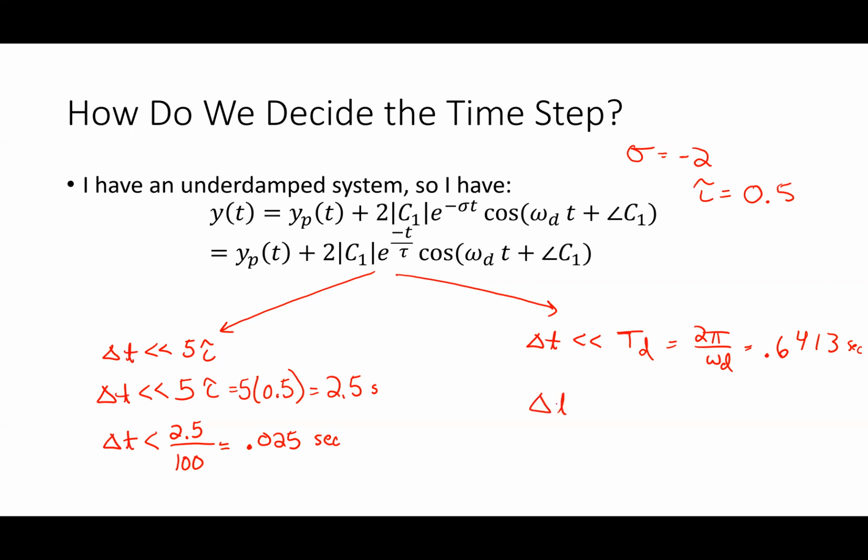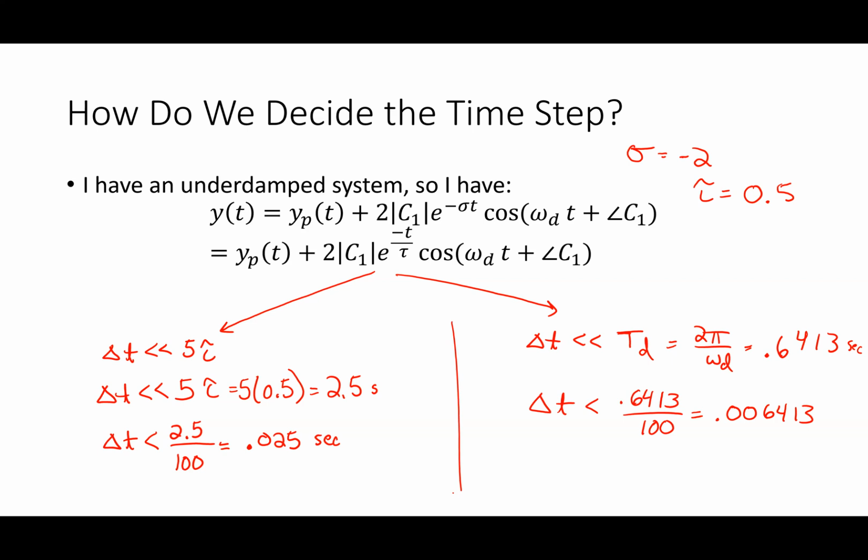So delta t should be much, much less than that. So what's much, much less than? Well, what did I say we choose? 1%. So let's divide that by 100. That turns this into 0.006413.